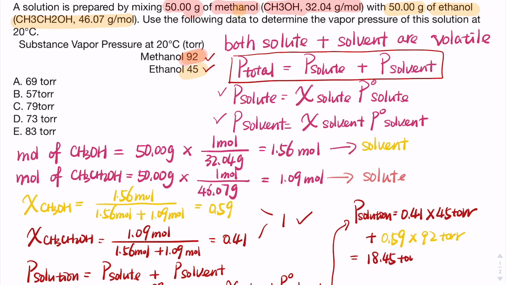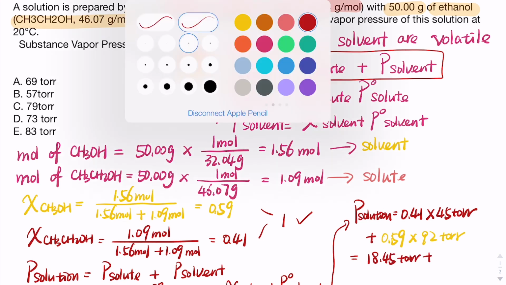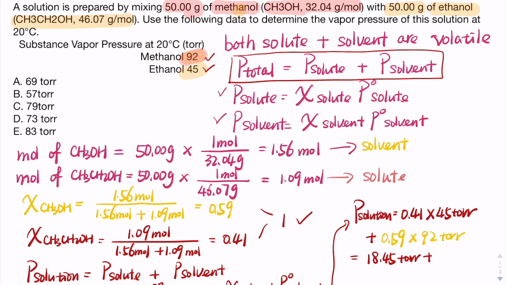The calculation comes out as 18.45 torr plus 54.28 torr, which adds up to around 72.73, and in our question we keep two sig figs, so the answer is going to be D, 73 torr.